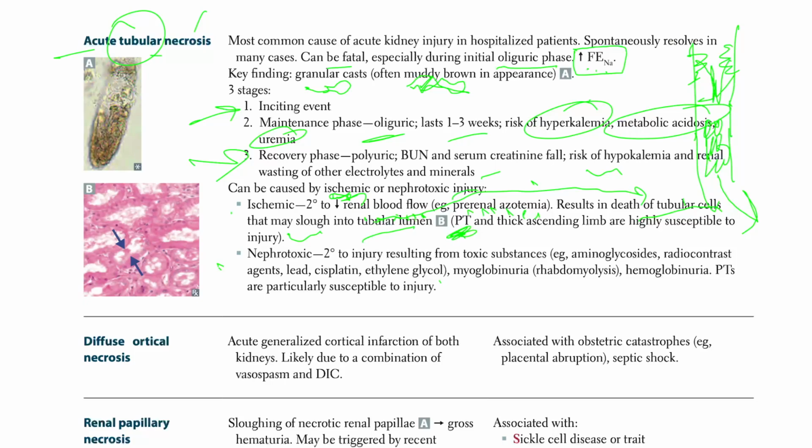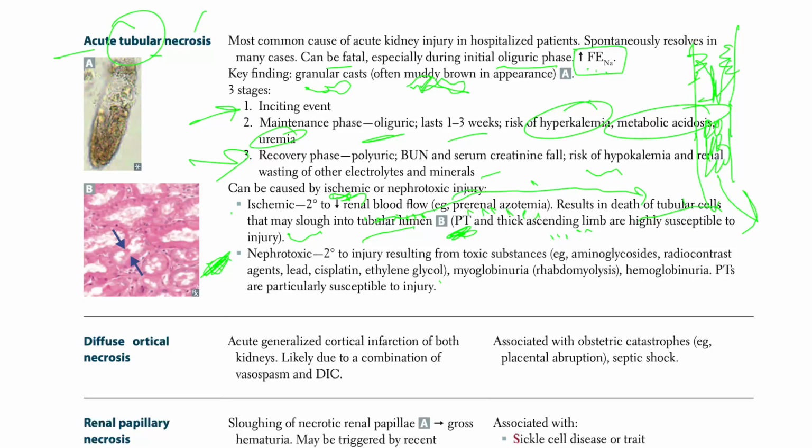The PT, the proximal tubule, and the thick ascending limb are highly susceptible to injury. Very important. PT and the thick ascending limb are highly susceptible to injury because of that low blood flow.